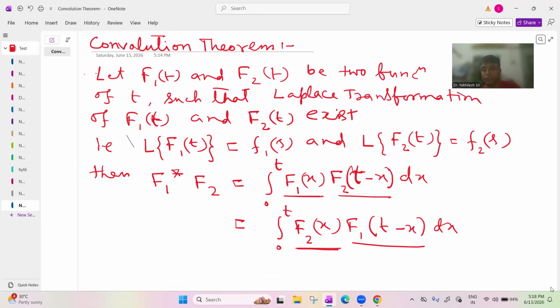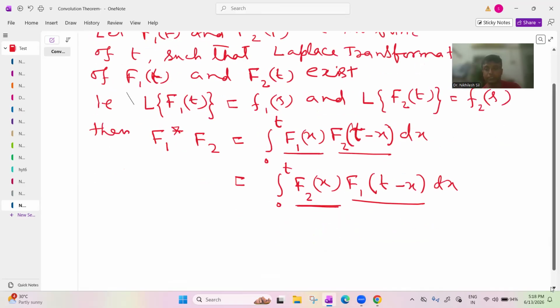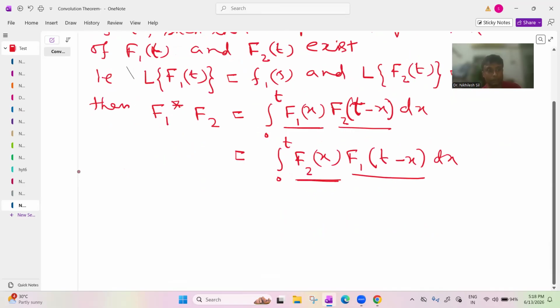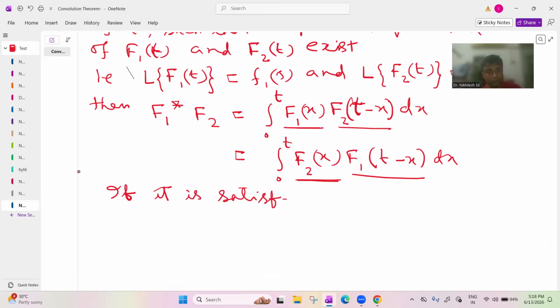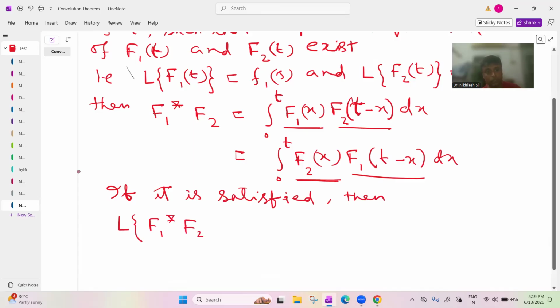0 to t. Okay. If it is satisfied, then Laplace of f1 convolution f2 is equal to F1(s) into F2(s).